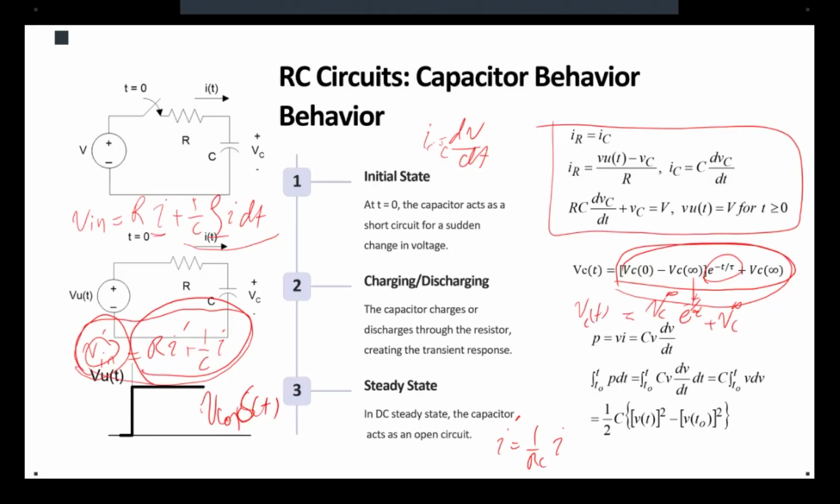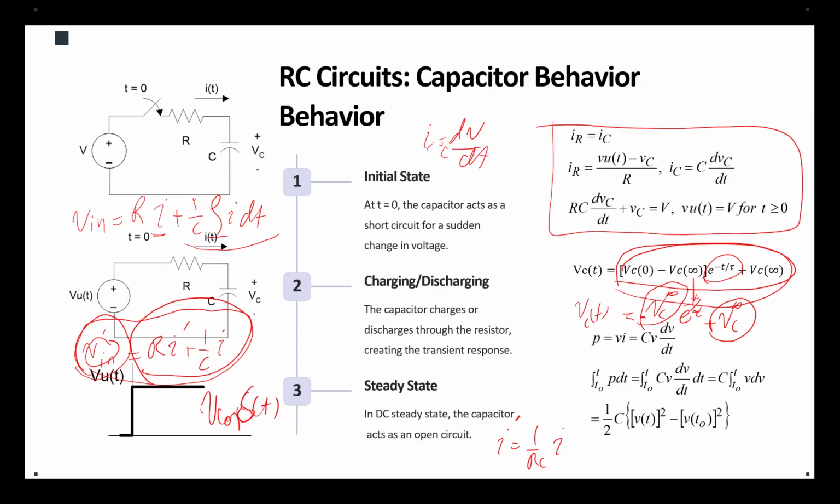The value at 1 tau is going to be the final value minus the final value times e to the power of minus 1. We put t equal to 1 tau. Now, if it's 2 tau, it's going to be e to the power of minus 2. And we move forward, so you can calculate the values. Are we clear on that?